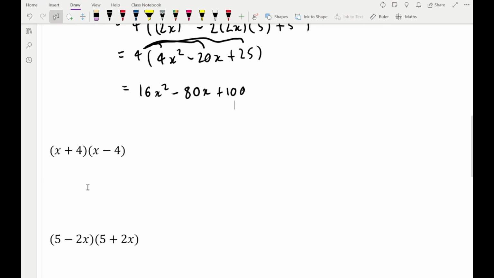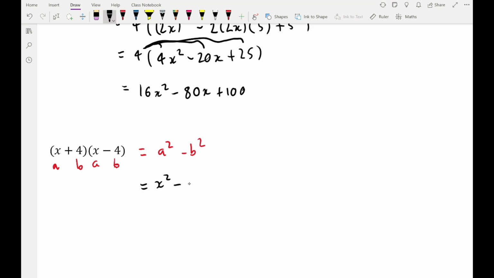Next we see difference of two squares. So this basically looks like the formula (a plus b)(a take b) is going to give you a squared take b squared. So basically what you get is x squared take 4 squared, which is x squared take 16. So again, that works. You can use FOIL if you want, so I'll show you what happens if you try and do that.